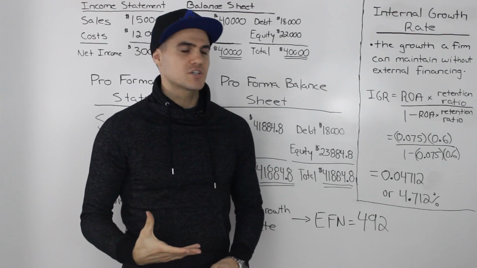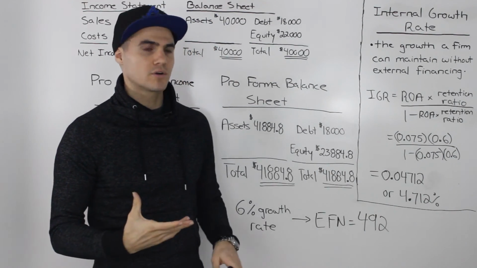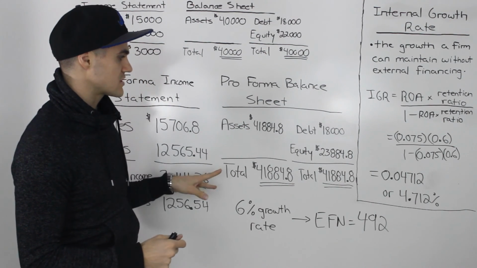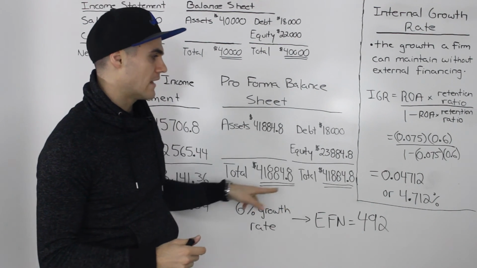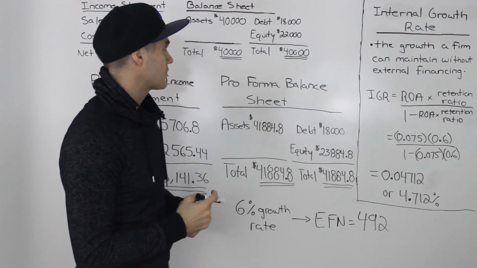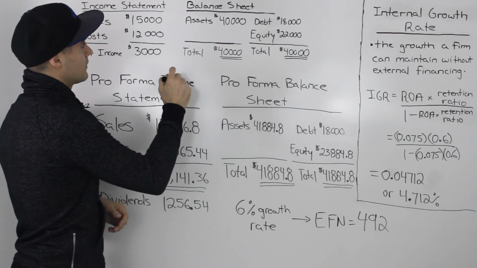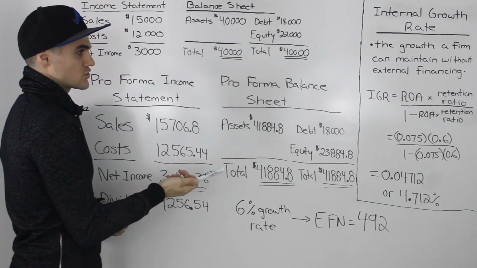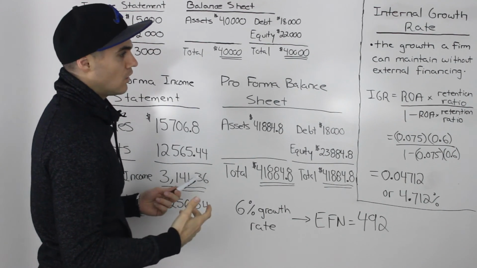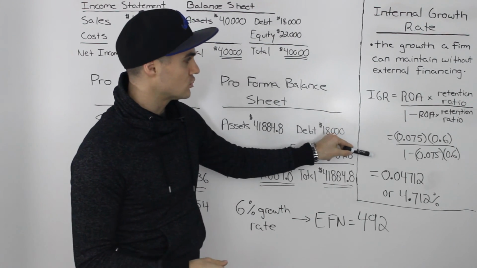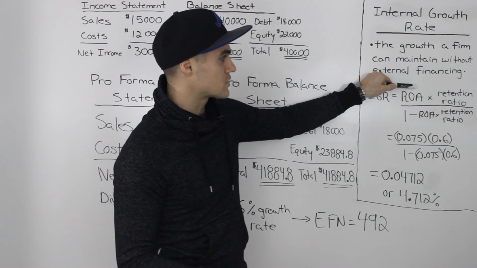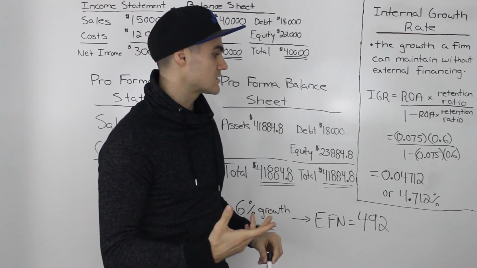Now, the type of questions for internal growth rate that you're mostly going to see are going to be more simple than this. You're not going to have to make these pro forma financial statements all the way and then show how it balances. Basically, an example of a question that you may get is something like, you have this company here, how much can their sales grow to before they need any external financing? So all you would have to do is figure out the internal growth rate, and before that you would also obviously have to figure out the return on assets and the retention ratio, but that's not too bad.